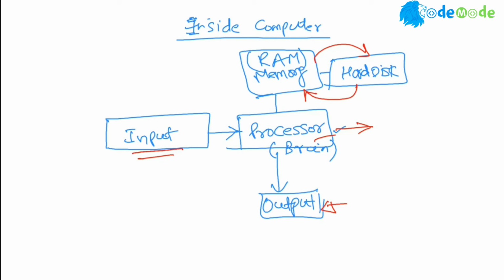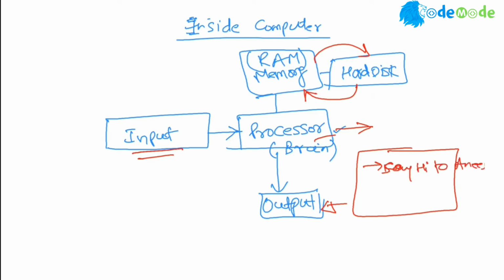So suppose I write five instructions. One instruction says, say hi to Anish. The second says, say hi to Dev. The third says, say hi to Rahim, right?